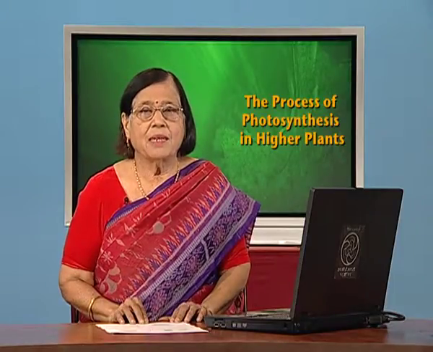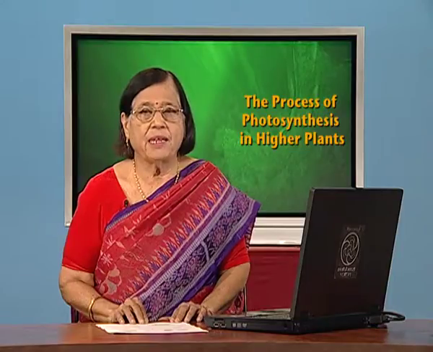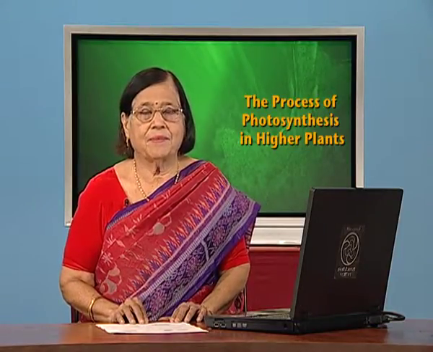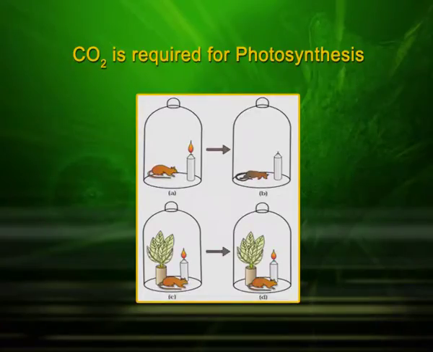Now, this mint plant is consuming the carbon dioxide given by the rat and the candle and giving out oxygen instead. So, in the second bell jar you can see the rat did not die and the candle also did not stop burning, because oxygen was made available to the candle and the rat by this mint plant.